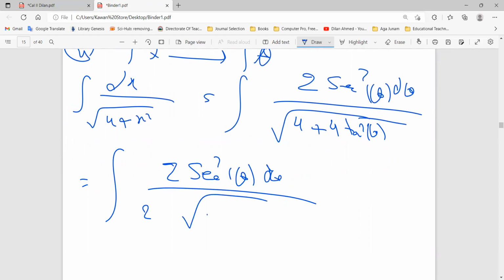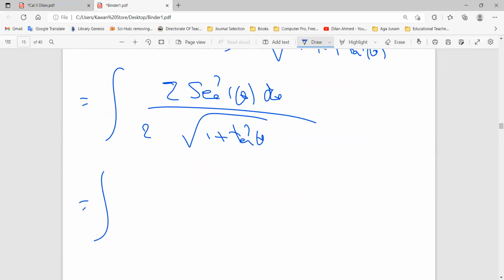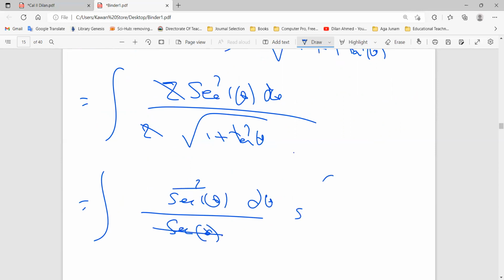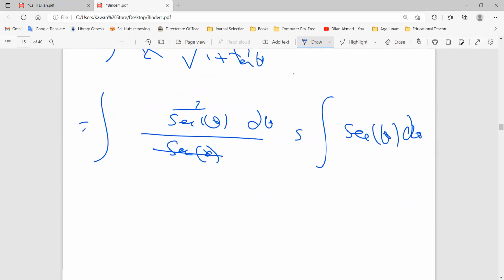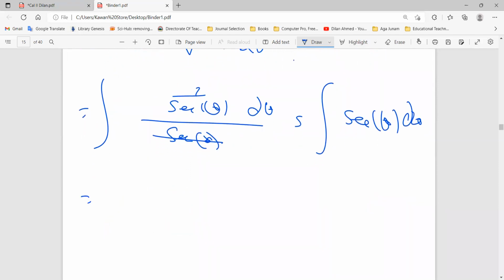That one will be 4 times 1 plus tan square theta, and I know 1 plus tan square theta is equal to what? Secant square. So it will be secant square theta over secant of theta. And you know, in Cal 1, secant theta is equal to what?